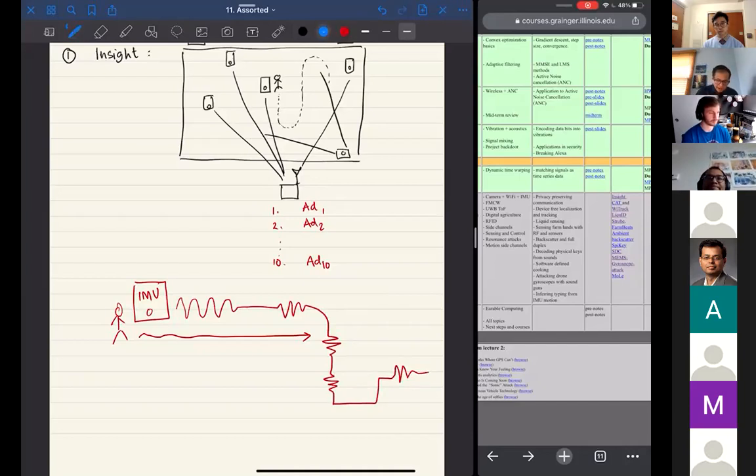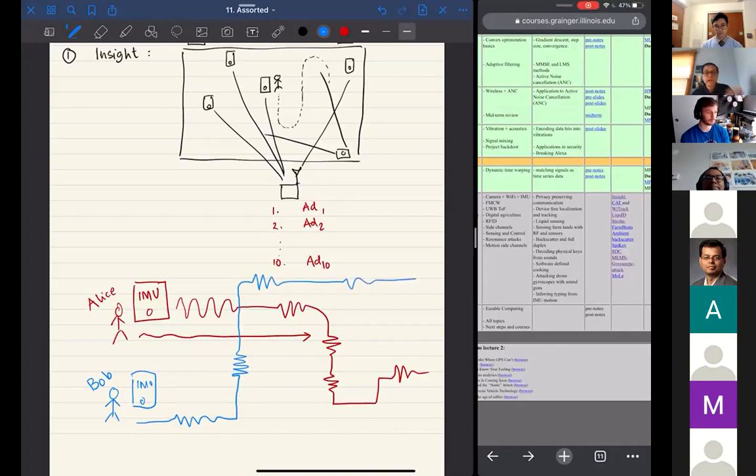Let's say there is another user, Bob. Bob is also walking around the store, also has an IMU. And Bob is walking down the aisles, takes a turn, walks again, walks another aisle, takes a turn, walks. So every Alice, Bob, John, Susan, they have their trajectories of walking. And the IMU is recording that. You agree? Very good. So here's the idea.